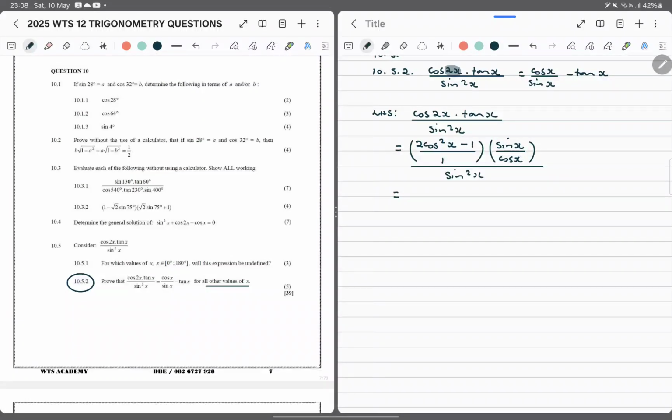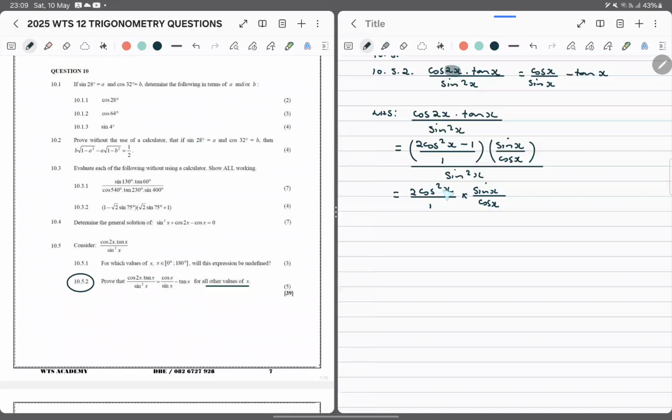We FOIL this thing, so we get 2 cos squared x over 1 times sine x over cos x.